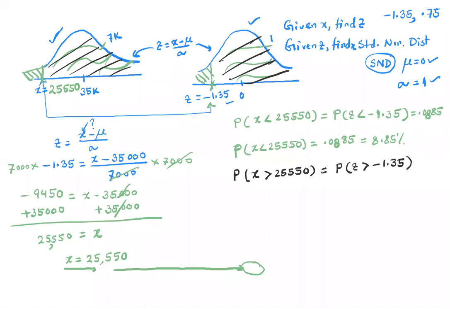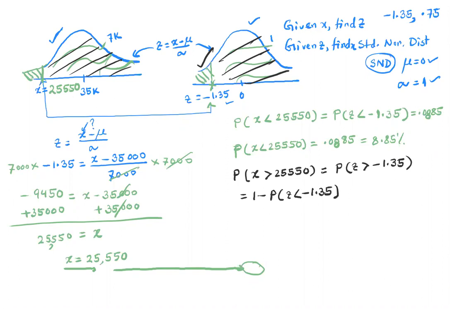Now remember, the standard normal distribution table doesn't give you area to the right. It gives you area to the left. So you just have to subtract it from 1: 1 minus the probability of Z being less than negative 1.35.